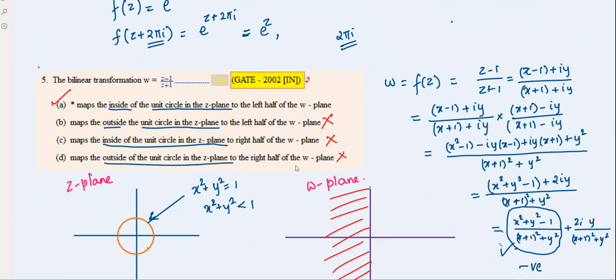Outside of the unit circle Z to the right half of the plane. Outside of the unit circle means this term will be positive. This term will be positive. So this is also right actually.